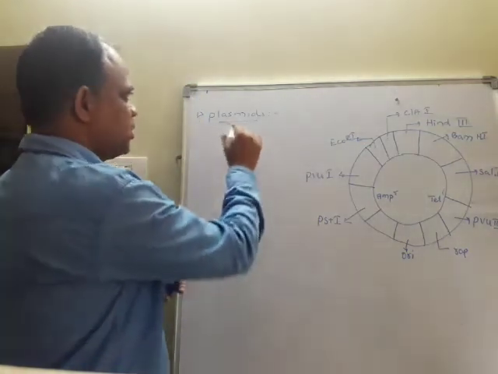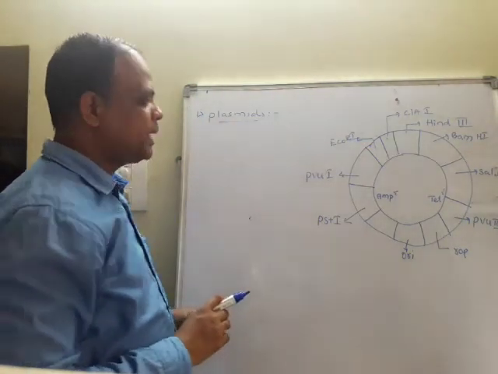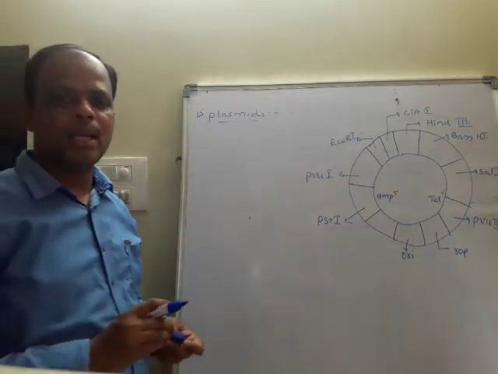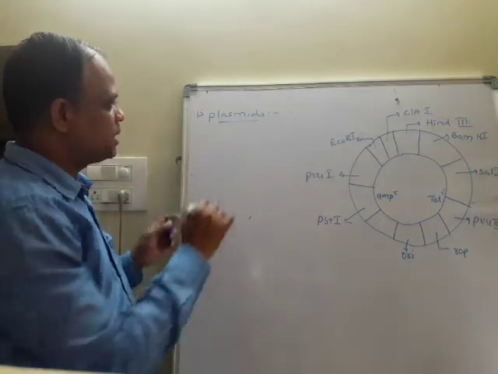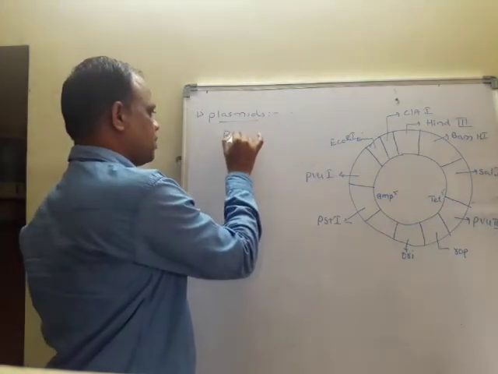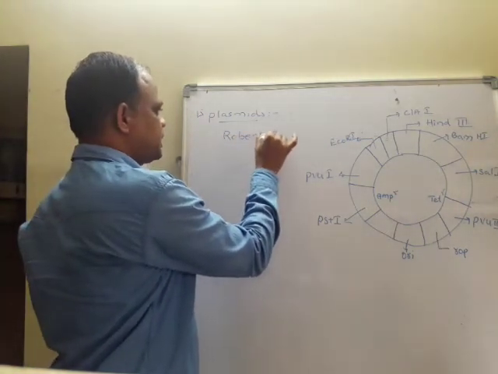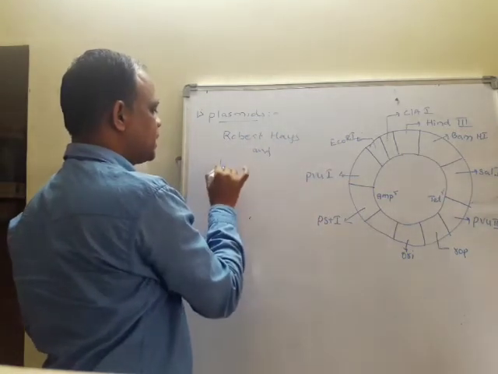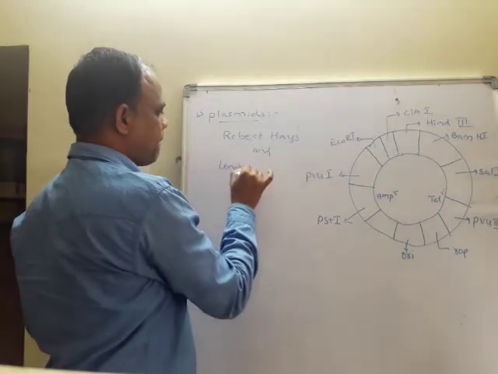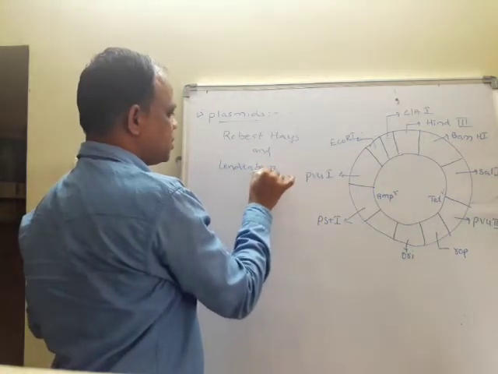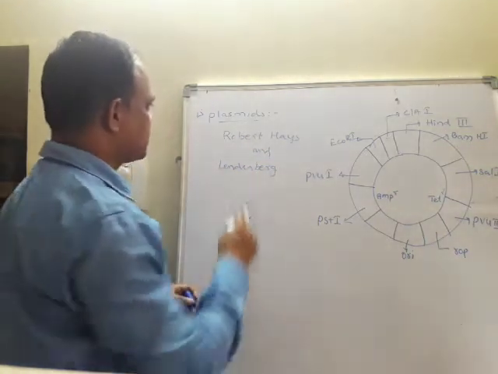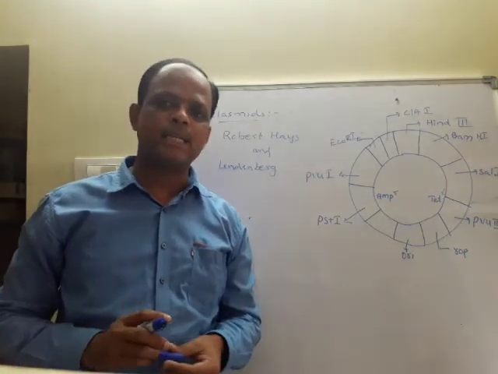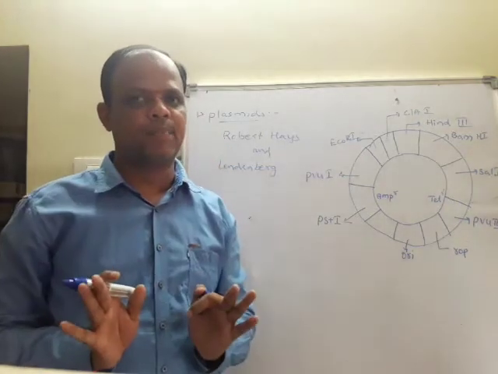Plasmids were discovered by the scientists Robert Hayes and Lederberg. Both of these scientists discovered plasmids. Mainly all plasmids are present inside bacterial cells.